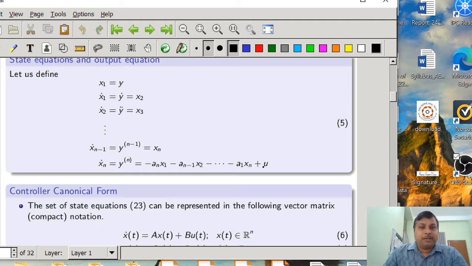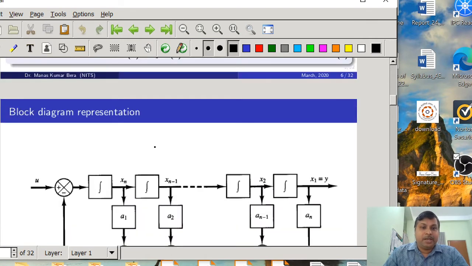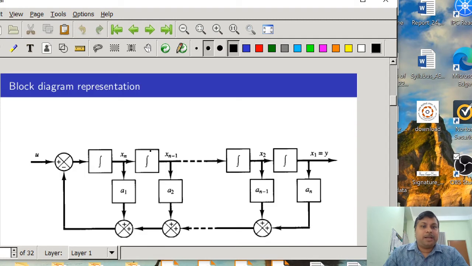For a block diagram, I already told you that we have to start with the input u and end with the output y. So the block diagram representation is like this. Here we can clearly see that we have started with u, the input, and we are going to end with the output y.